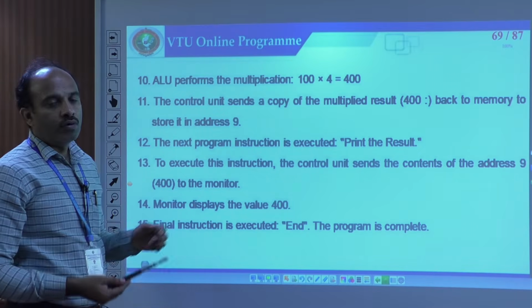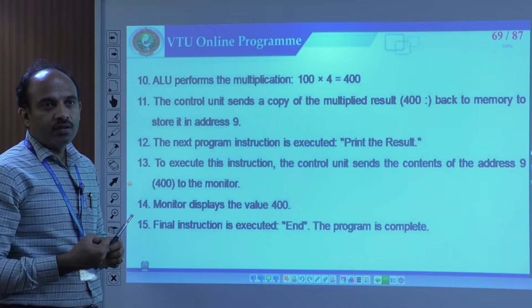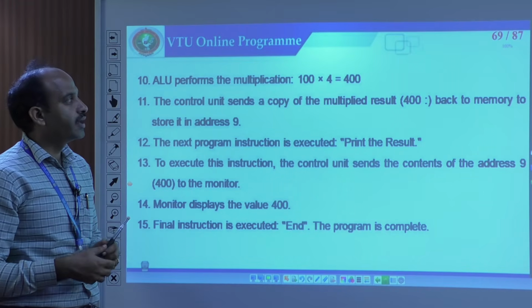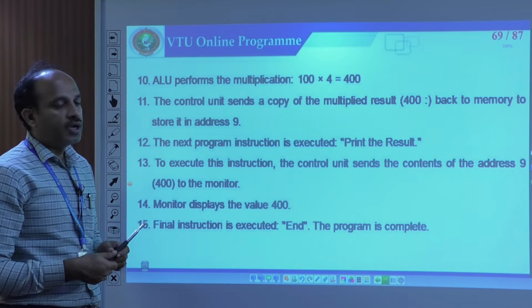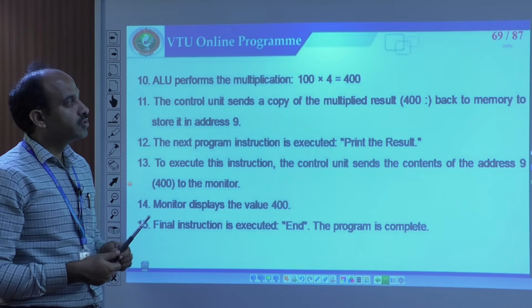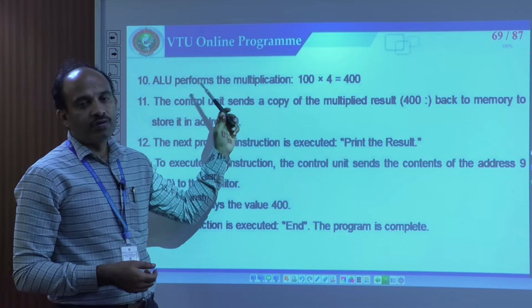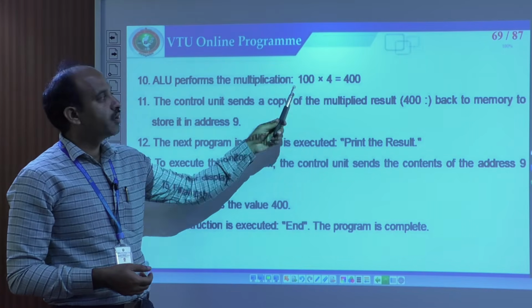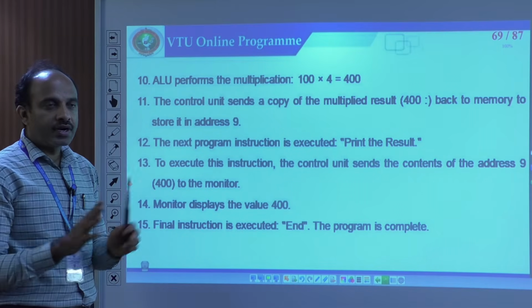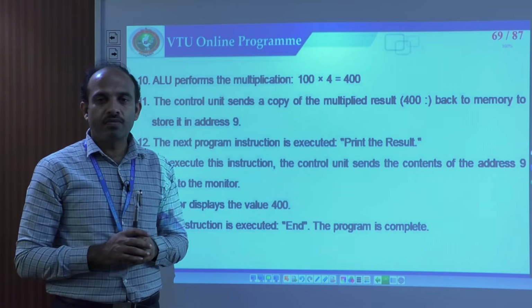So the ALU will receive that copy: address 7 has the value 100 and memory address 8 has the value 4. Now the ALU will start performing the multiplication. 100 into 4 is equal to 400. So the ALU has finished its job.